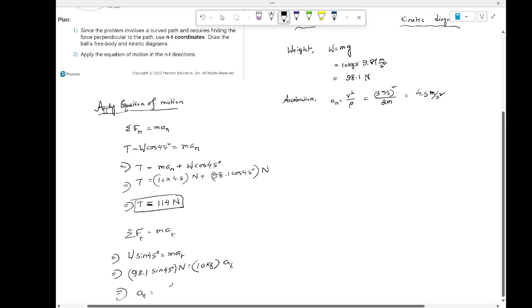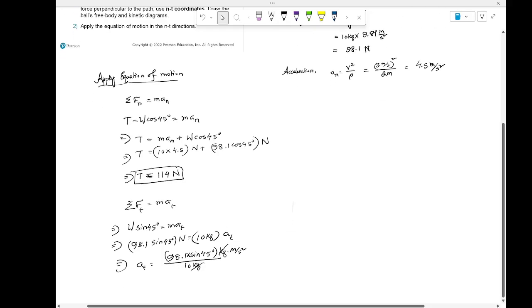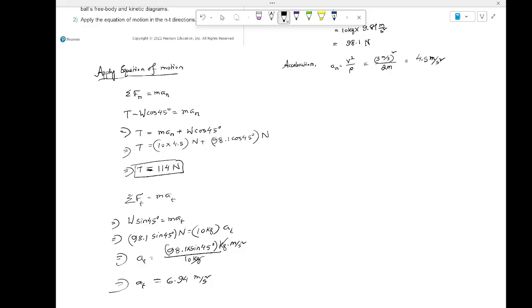If you do the math, you're going to have 98.1 sine 45, with a multiplication sign, 10 kg. This is in kg meter per second square, or Newton can be written that way, and the value will be 6.94 meter per second square. That's your AT.